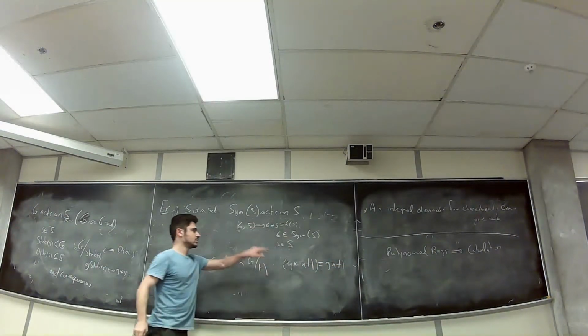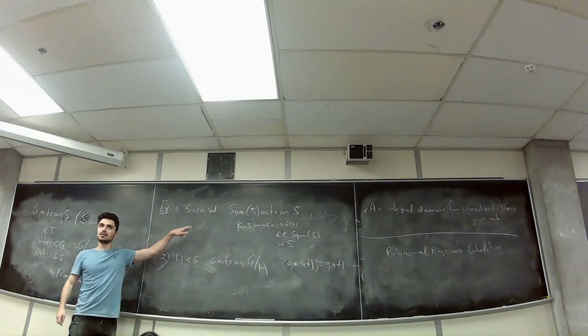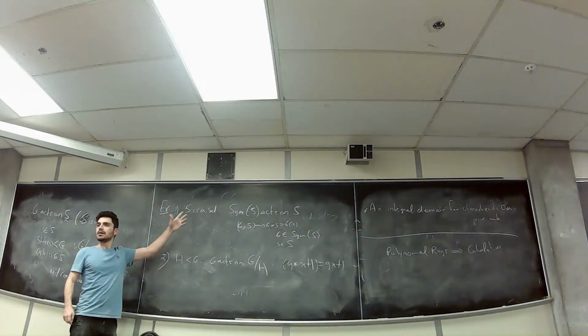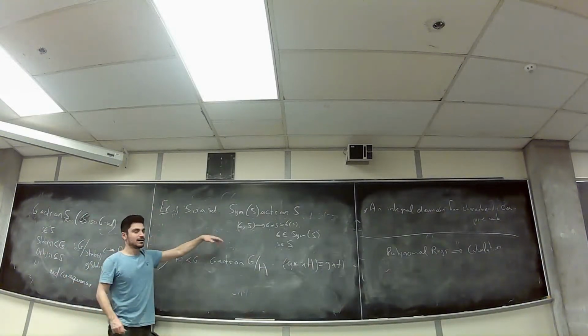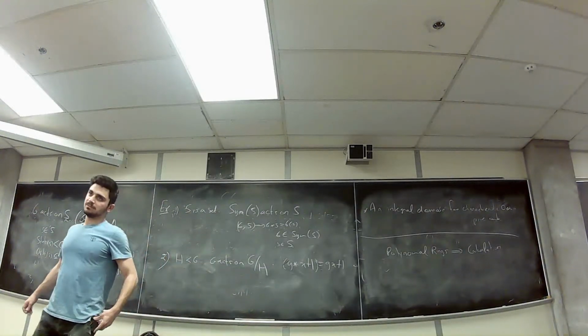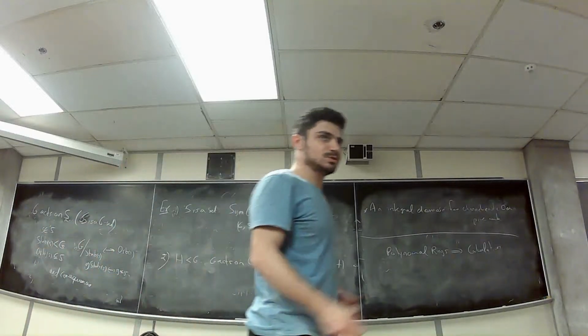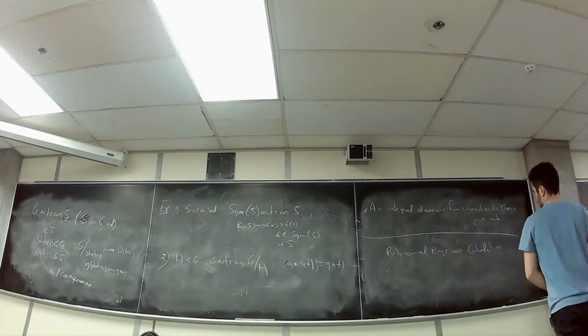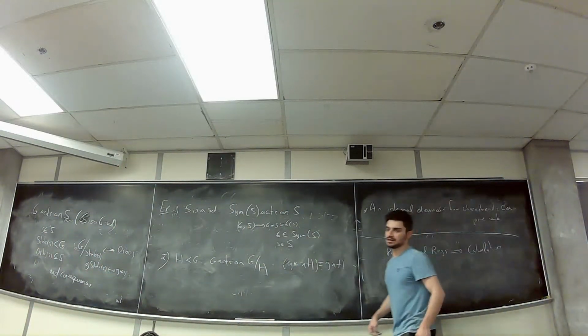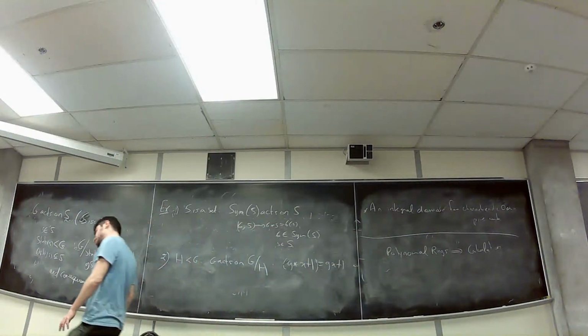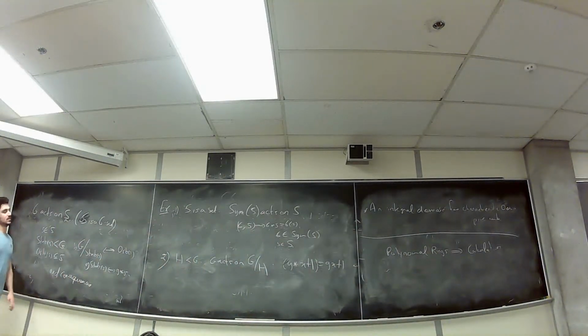This is a transitive action. At least convince yourself that if S is finite, this is a transitive action. H is in G, and G acts on G mod H transitively.